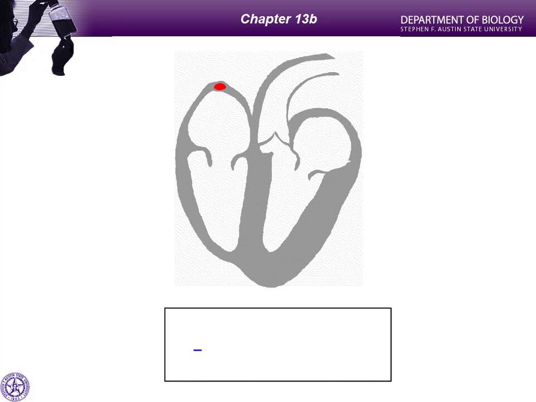There's our AV node and the pause. The signal's sent to the ventricles, they depolarize. And now basically repolarization of the whole thing, but especially the ventricles. Now again, understand we're looking at electrical activity, not the mechanical contraction, but you can correlate them fairly closely together.